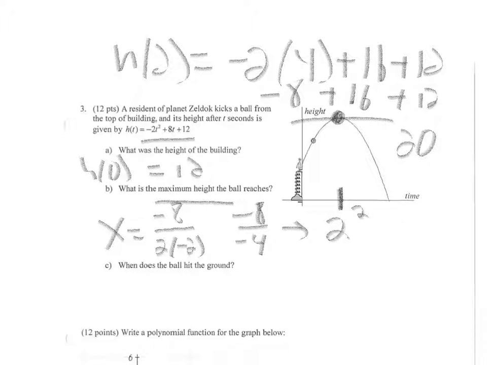When does the ball hit the ground? Well, basically we're solving this equation for 0. Now at this point, this is a quadratic equation. We can use the quadratic formula, or we can use a quad 83 on our calculator. You just use the quadratic formula with software.